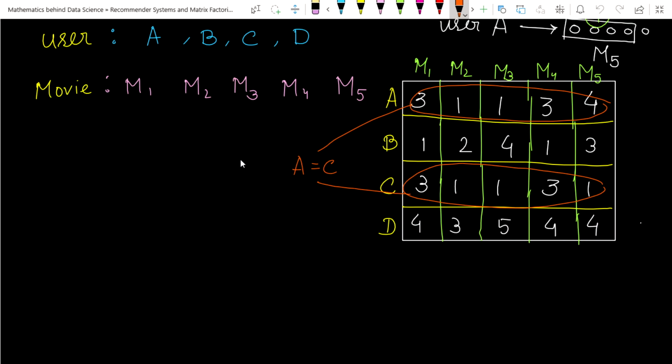Okay, now look in another direction. Just see the first column, for movie 1. I think it will be better to use a different color.